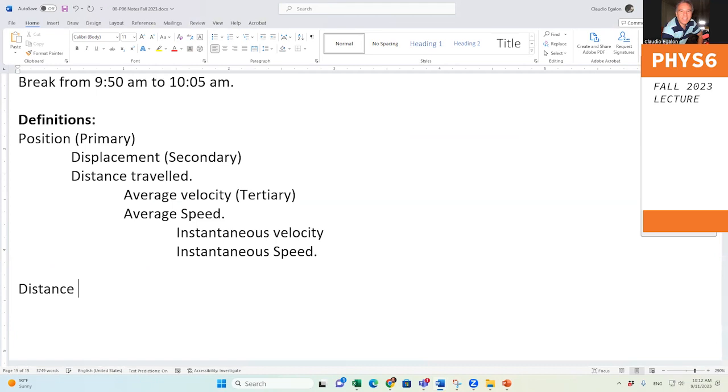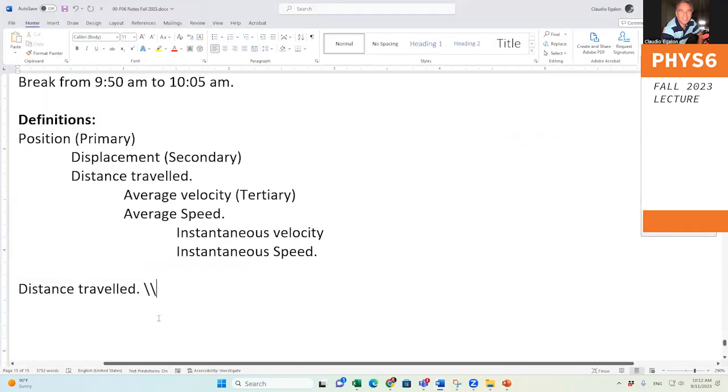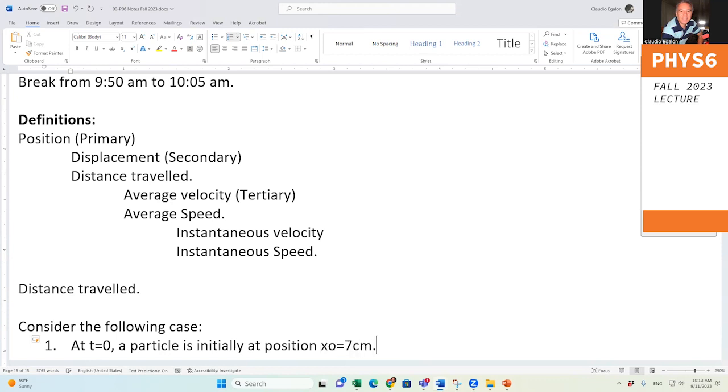Okay, so let's write it down. Distance traveled. Consider the following case. Okay. 1. At t equal to 0, a particle is initially at position x naught equal to 7 centimeters. Okay.